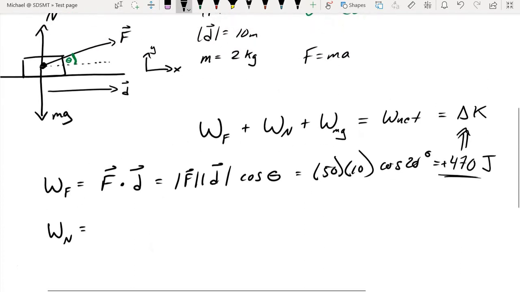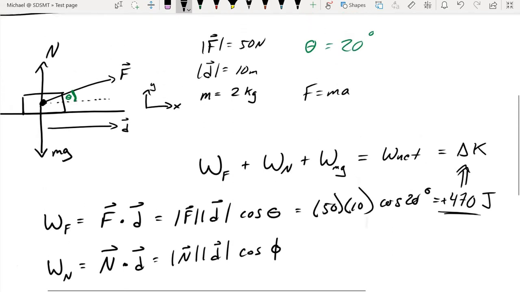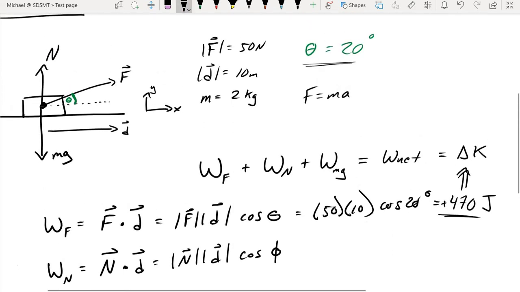Now we need the work that is done by the normal force, and so we will take the normal force and we will dot that with the displacement vector. And just like all the other evaluations, we need the magnitude of each vector times the cosine of the angle between them. Now, I'm going to use a different angle symbol here because the angle between the normal force and the displacement vector is not the same angle that was between the applied force and the displacement vector.